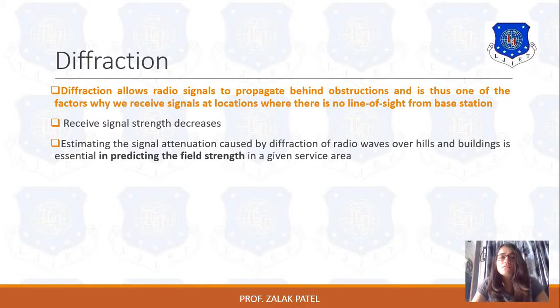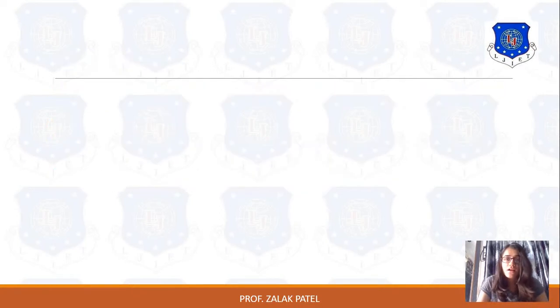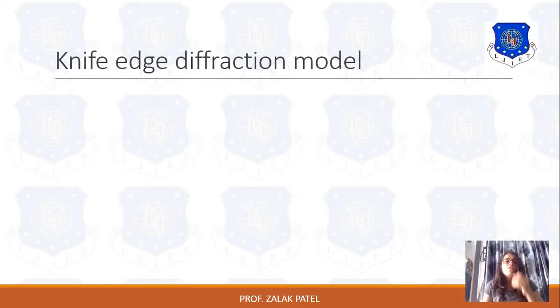To find out the different field strength, path difference, or phase difference of different waves due to diffraction, the knife edge diffraction model is introduced. So let's take the example of one knife edge diffraction model, and how it is useful to calculate terms like path difference and phase shift constant.